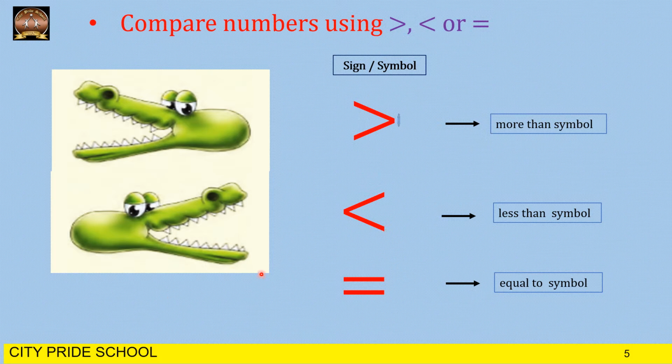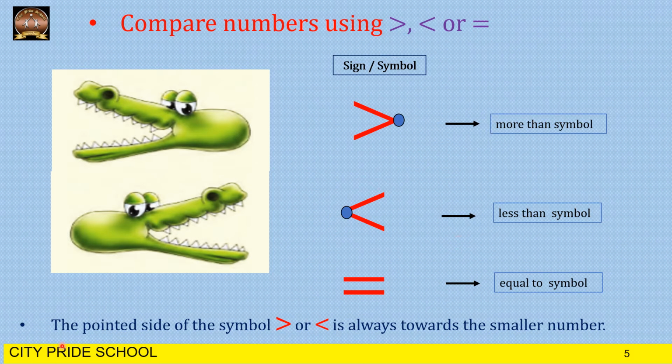Okay, now let's see. You can see these points, blue color points. Do you know why these points are given blue color? Let's see. The pointed side of the symbol, that is more than or less than, is always towards the smaller number. So remember this pointed part, this in blue color which I am showing you now, will always be towards the smaller number.